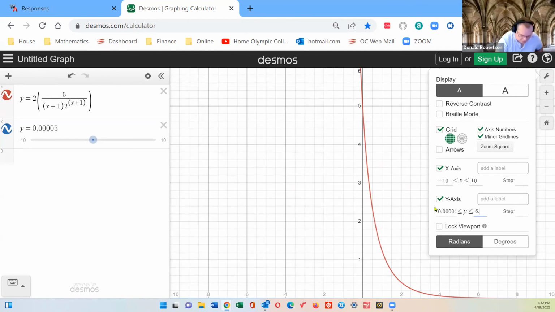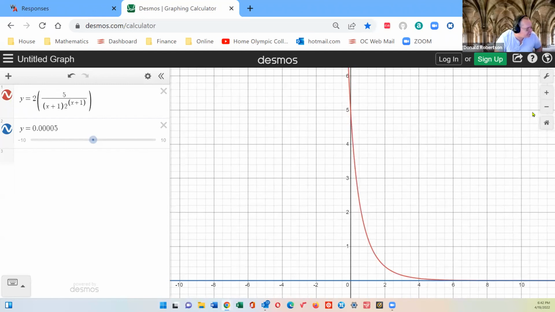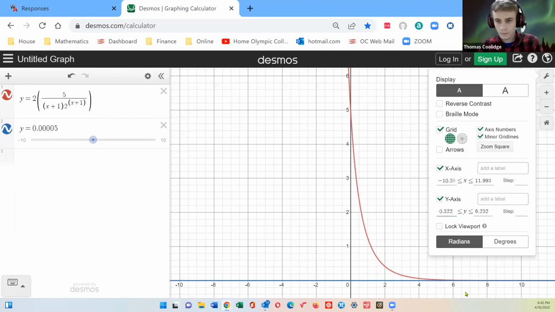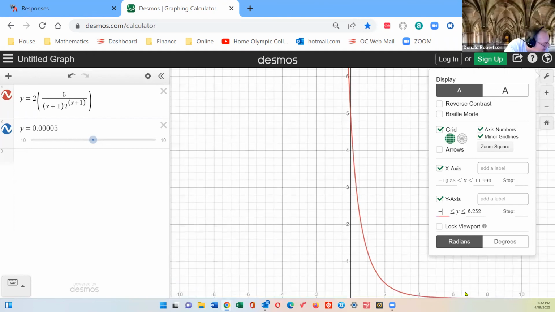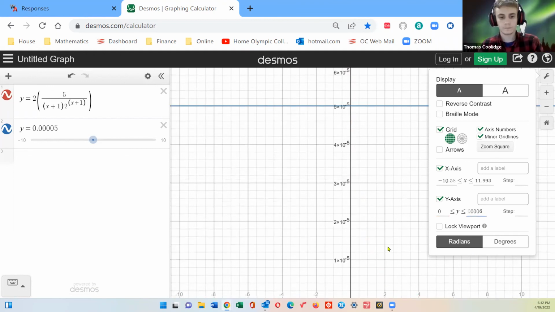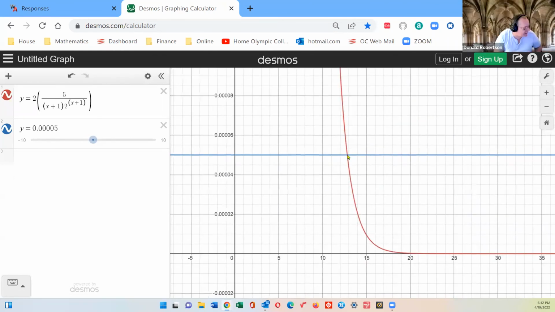So hopefully when I click out of this, I should be able to get... no, what happened to my y values? Did I change them? Oh, I forgot to change the other side. Okay. So I'm going to make this one 0. And I'll make this side all the 0.00005s. And I have to make it one more just so I can see it. Yeah. And now if I zoom out, there it is.